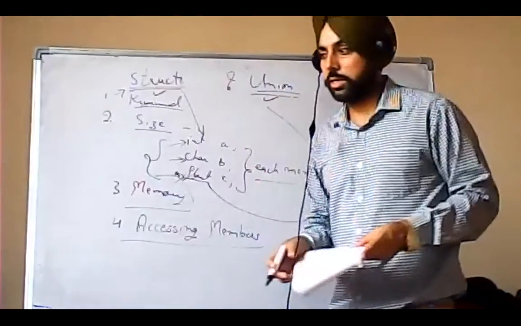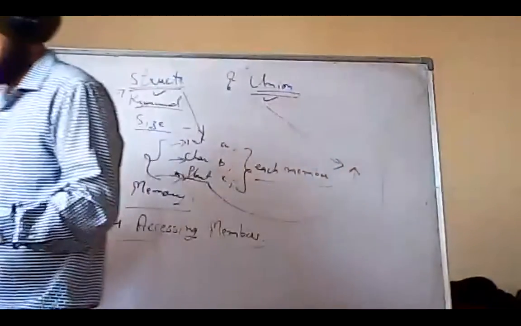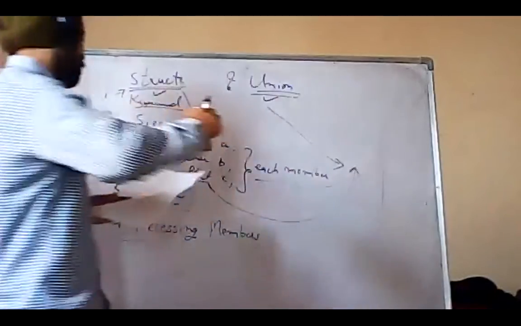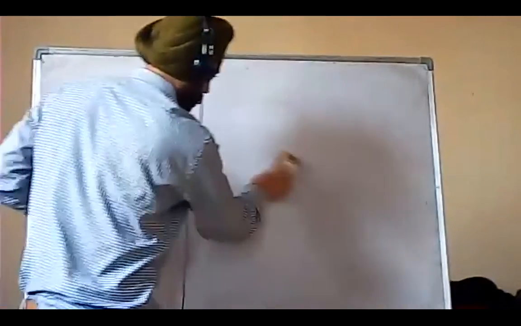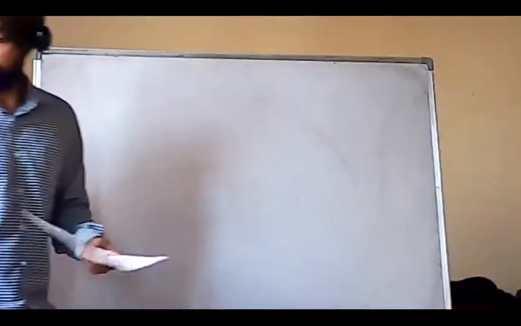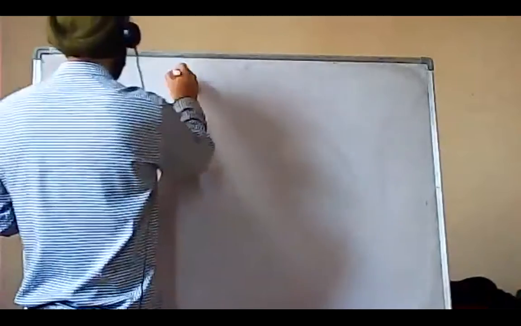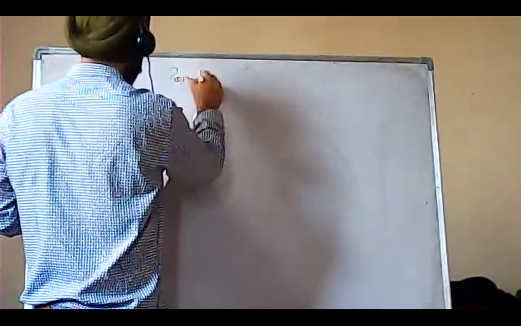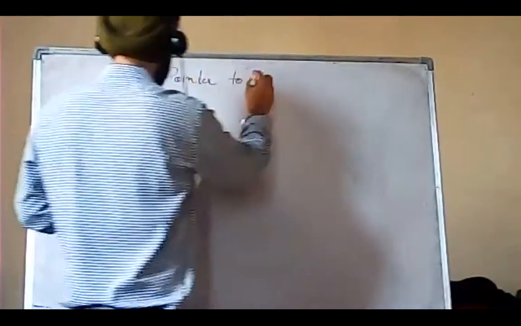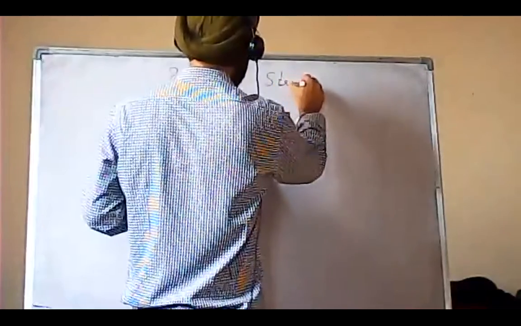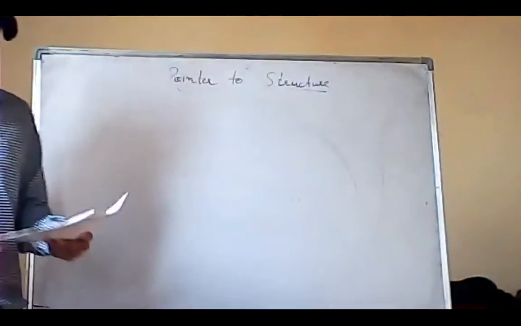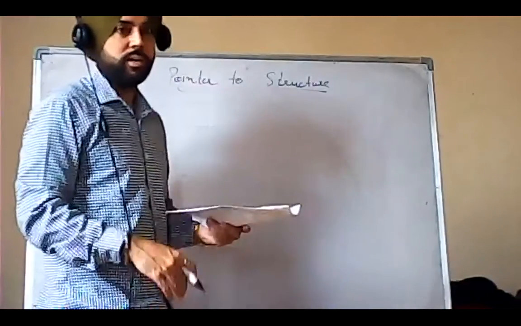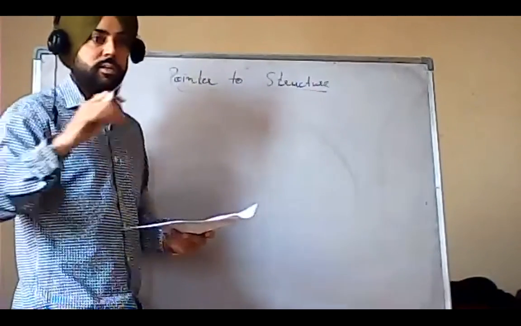So now I'm going to explain a program that is pointer related: pointer to structure. That means we have to use a pointer as well, and we have to declare a structure.